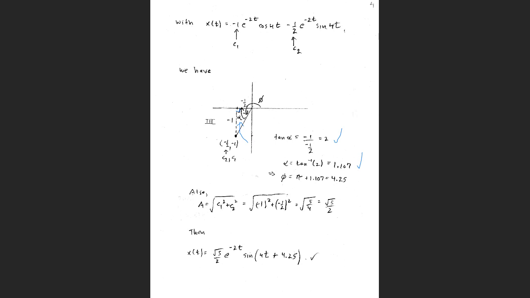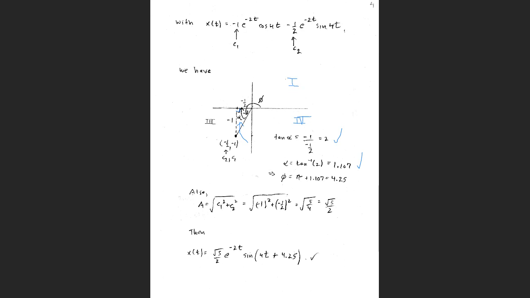Okay, but 1.107, that angle is not the angle phi. The calculator is going to give you angles that are either in the first or fourth quadrant by default.